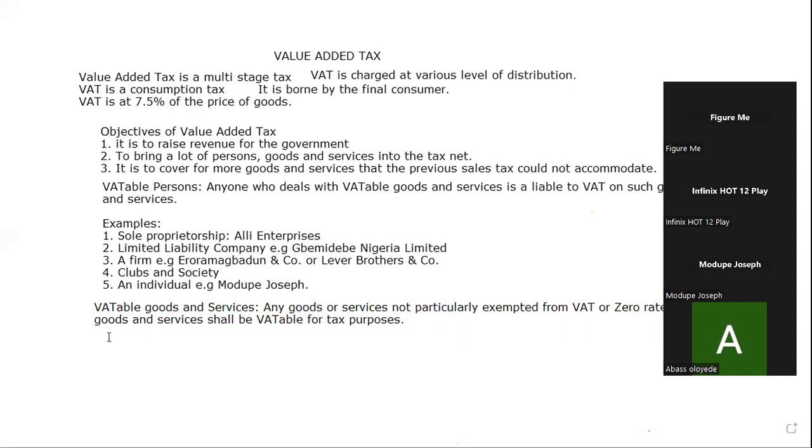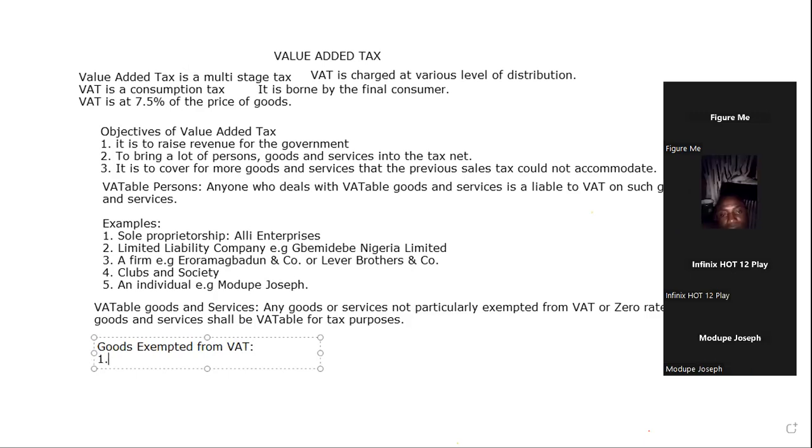So what are the goods exempted from VAT? Are we together? Yes, sir. One, all medical products will be exempted.